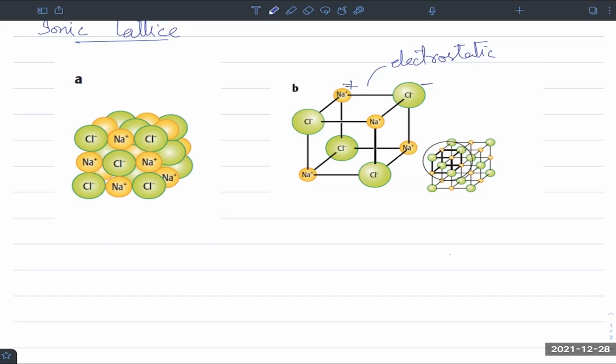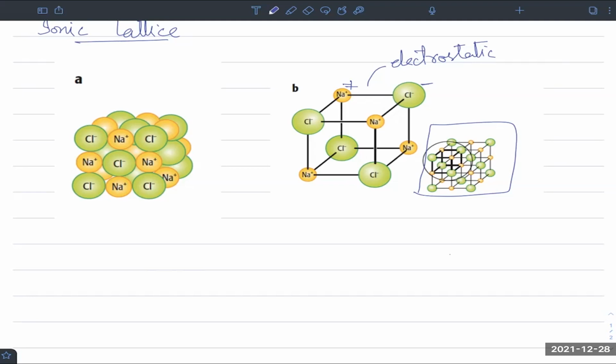So there is a continuous structure like this, and this structure is pretty solid. The forces are really strong and it's very hard to break it up. If you try to do that, you have to supply a large amount of energy.